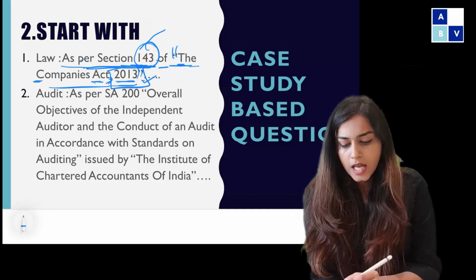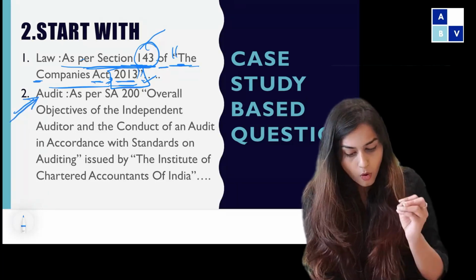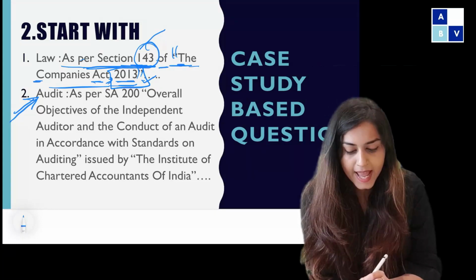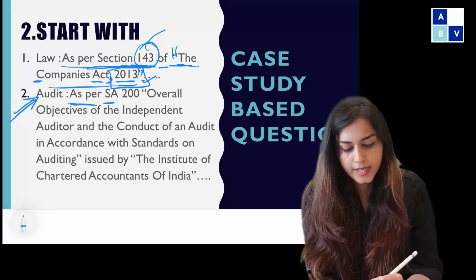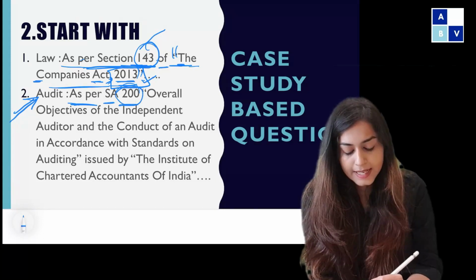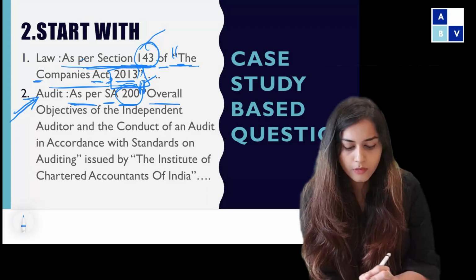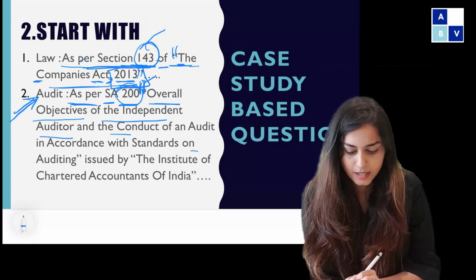Since I am more focused on auditing, for auditing every time start with "as per SA", whatever the SA is, 200, double quoted, clearly stating the name of the standard: Overall Objectives of the Independent Auditor and the Conduct of an Audit in Accordance with Standards on Auditing.